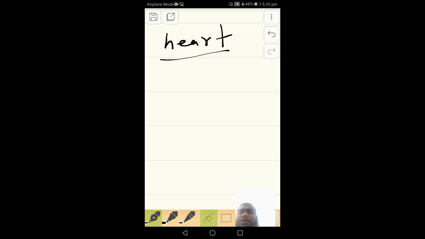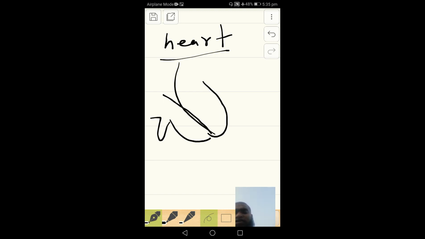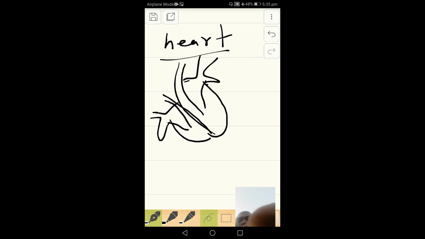Now inside the heart, okay, so this is the heart.